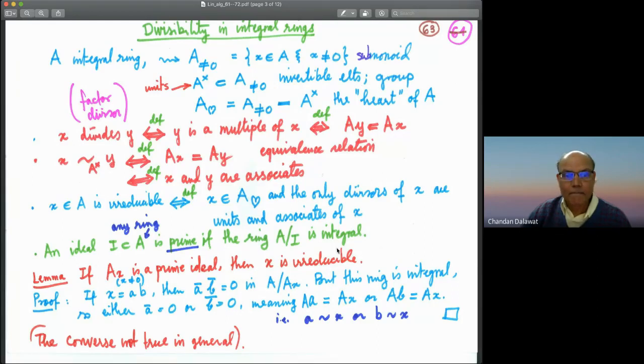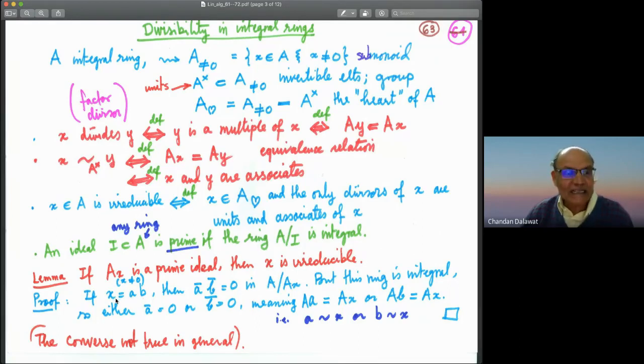Now, here is a proof. So I have to prove that it's irreducible. So let's start with the factorization. We are going to prove it by contradiction.